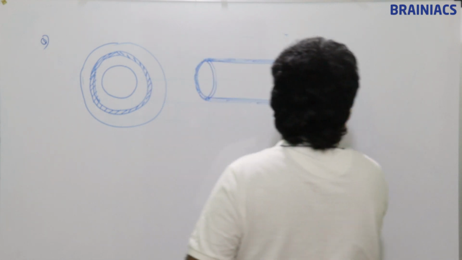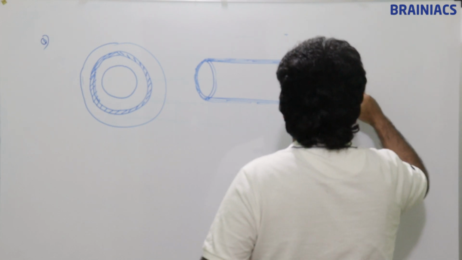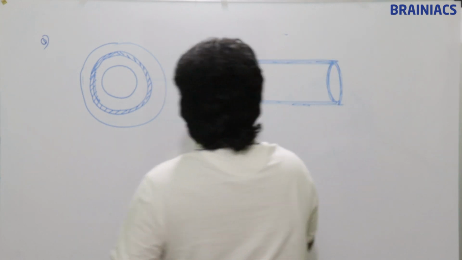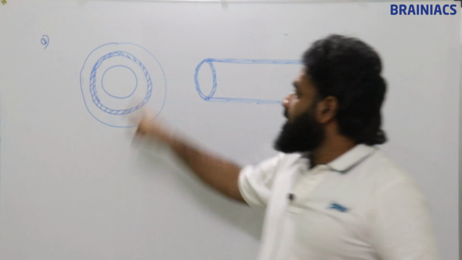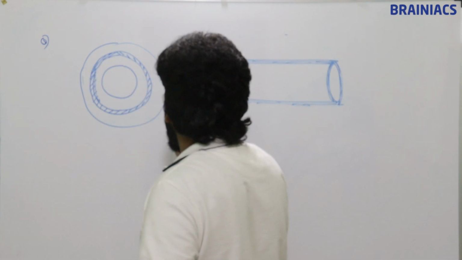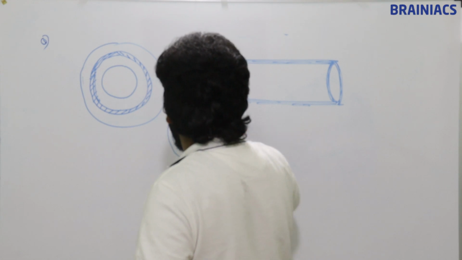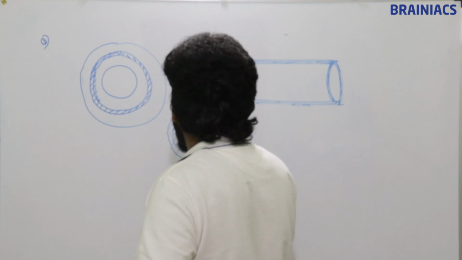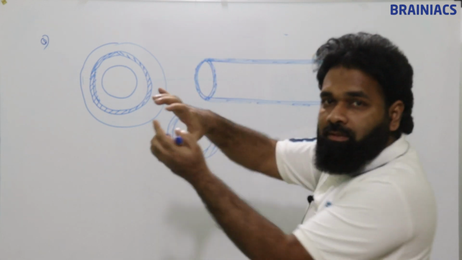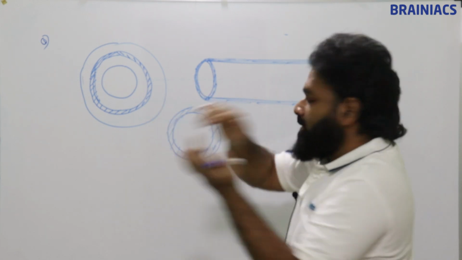Just like this, a strip of cylinder. A strip, this is the area of cross section of this strip, just like this. This is the strip. Three-dimensional view you can imagine, just like this.